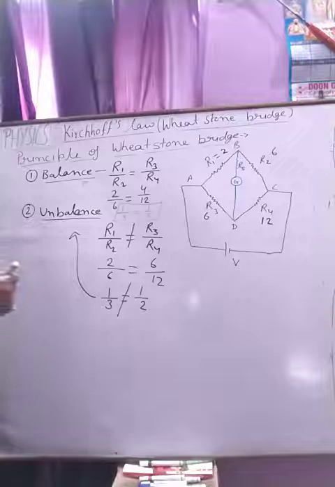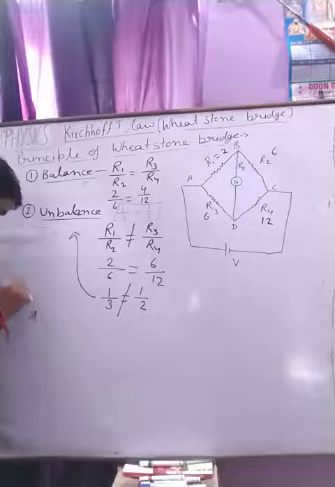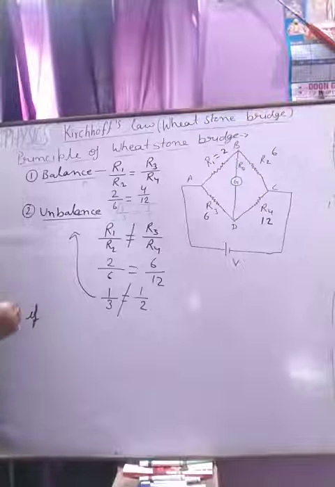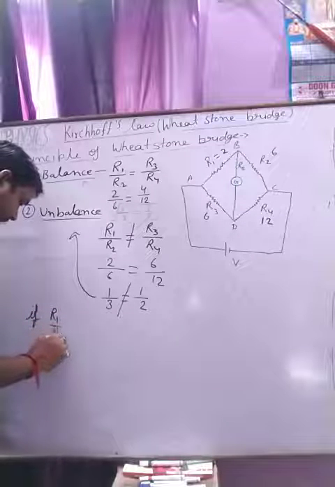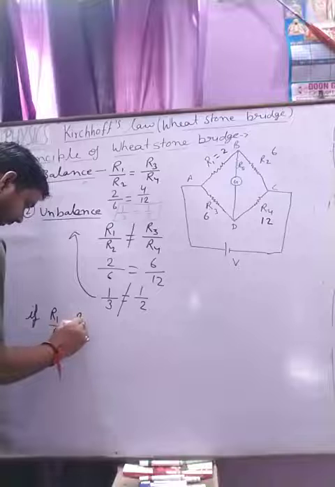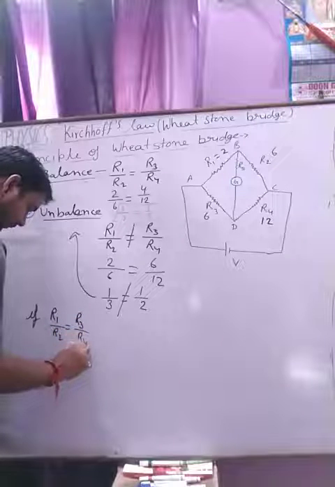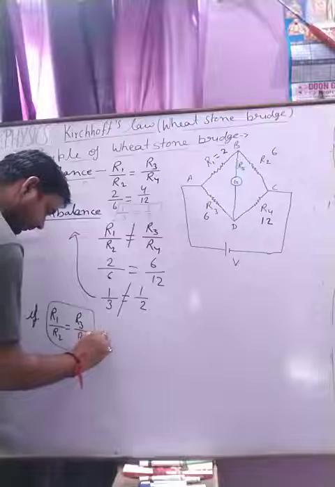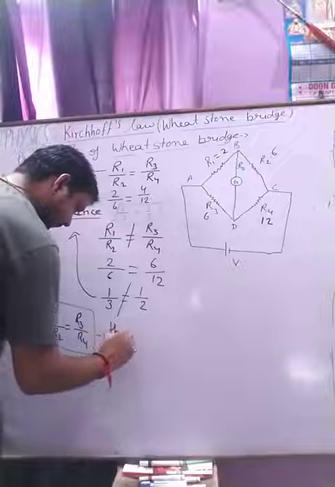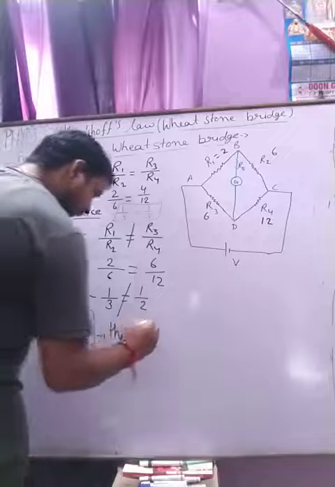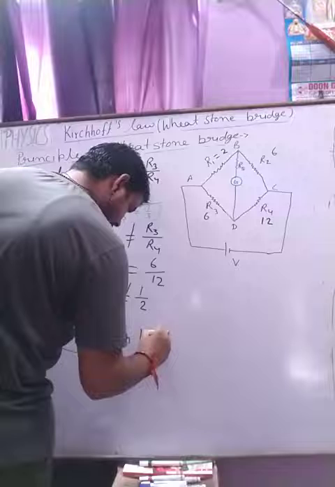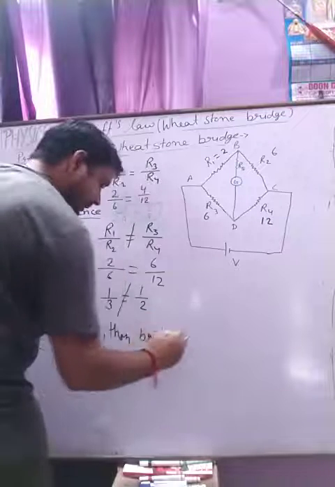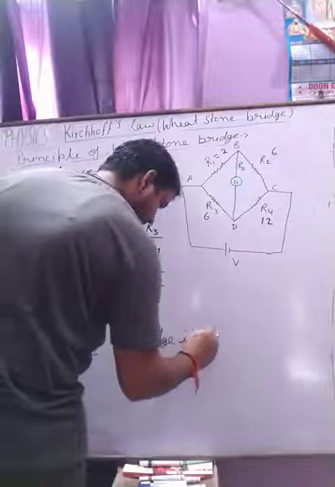Okay, so you have to write a condition: if the ratio R1 upon R2 equal to R3 upon R4, then the bridge is balanced.